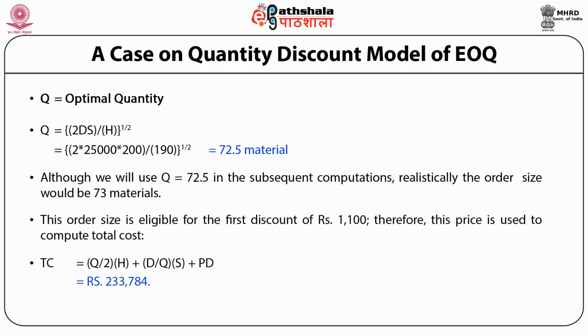This order size is eligible for the first discount of rupees 1100, therefore this price is used to compute total cost. Total cost equal to Q upon 2 into H plus D upon Q into S plus PD, equal to rupees 233,784.